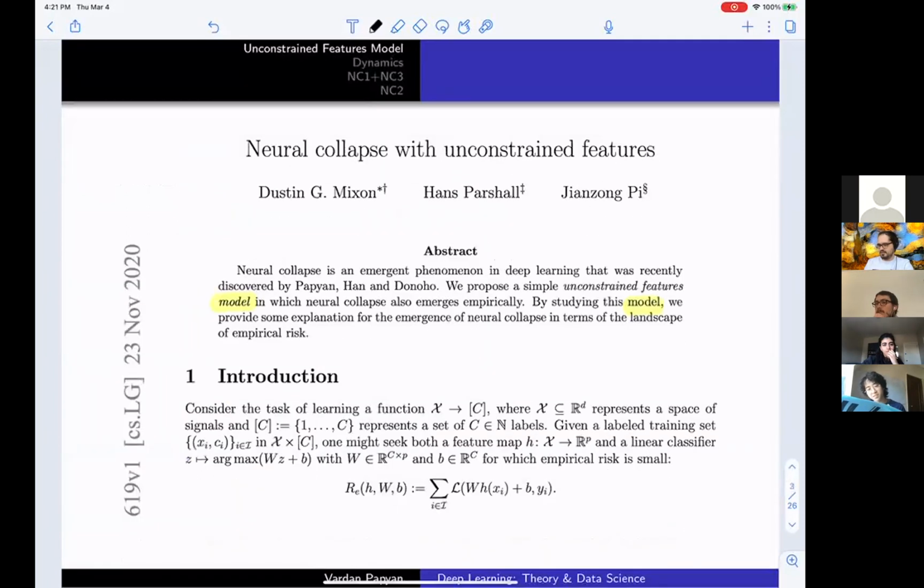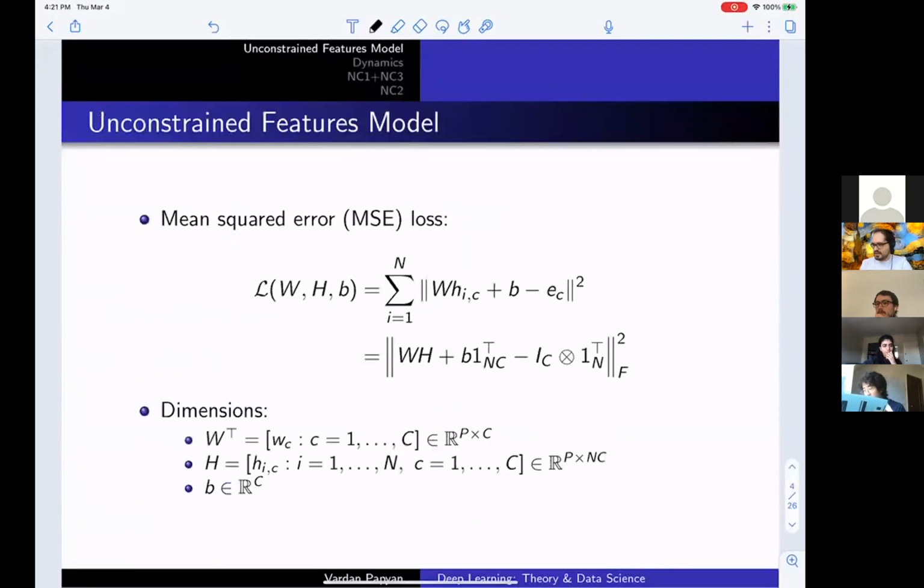Okay. So what is the unconstrained features model? First of all, they consider the mean squared error loss, which is different from cross entropy loss, and we've already seen it in this course. The mean squared error loss is W, which is the classifier, multiplied by the features, plus a bias, minus the one hot vectors, which we're denoting here by EC.